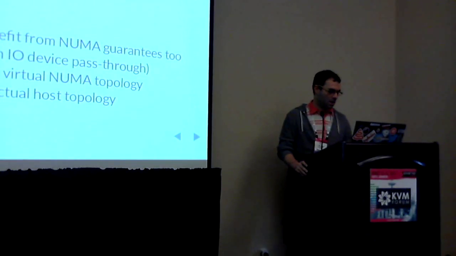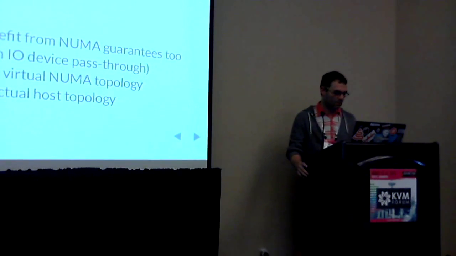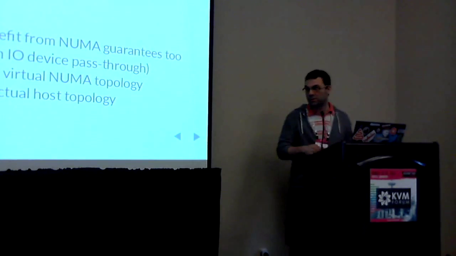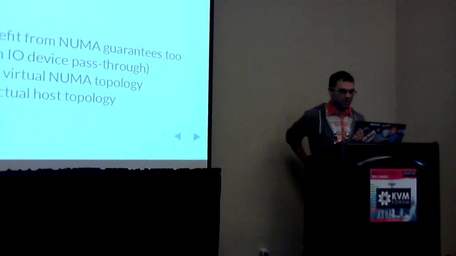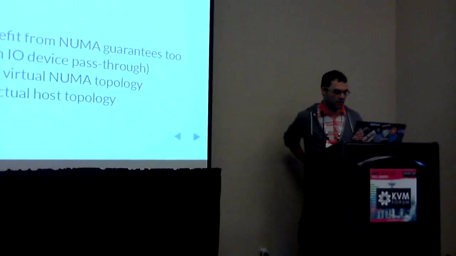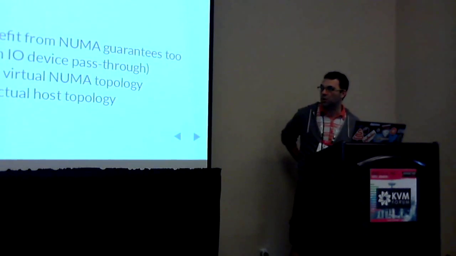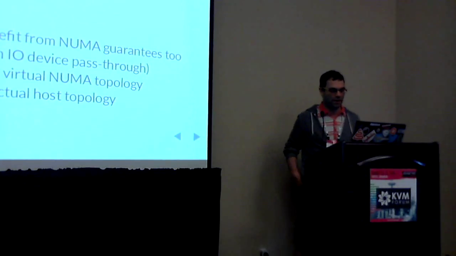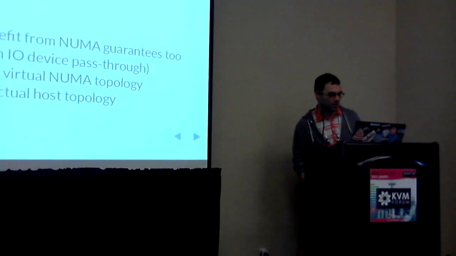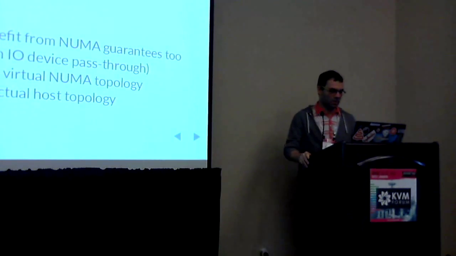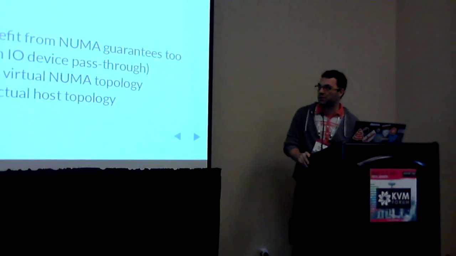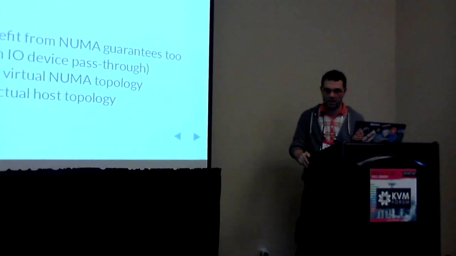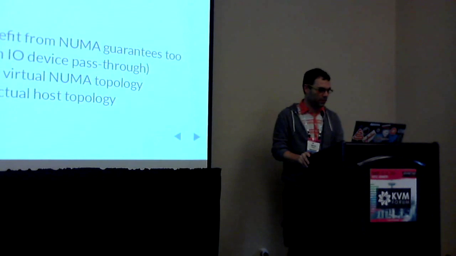And back to NFV, there are certain NFV workloads that can benefit from knowing about NUMA effects of the hardware they're running on. That's especially interesting coupled with I/O device pass-through.